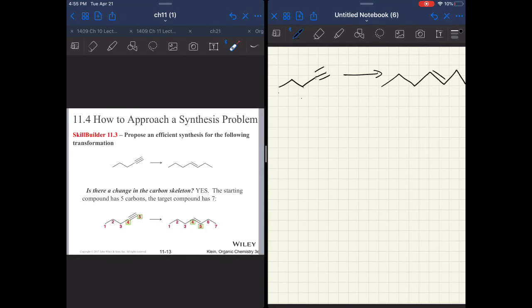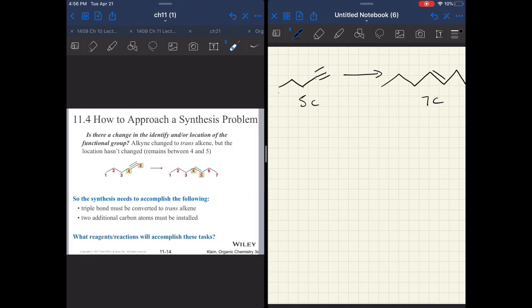All right, so 5 carbons to 7. So we need to devise a plan. You can work on these problems in 2 directions. We can work forwards and we can work backwards. This one, I think it's going to be easy enough to work forwards.